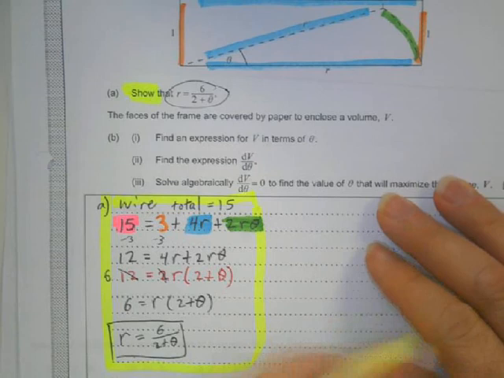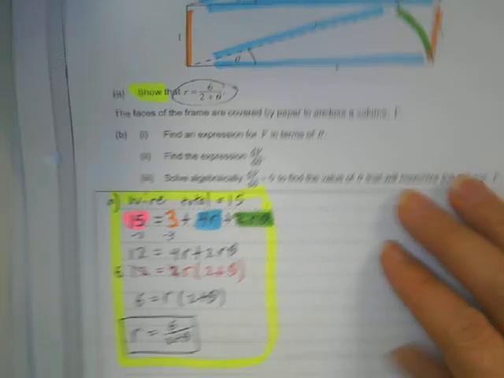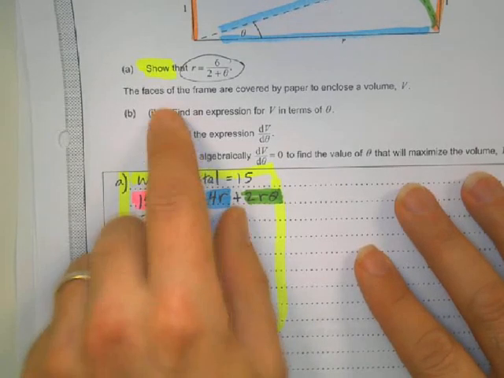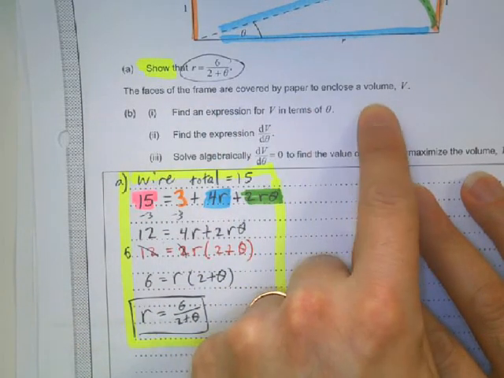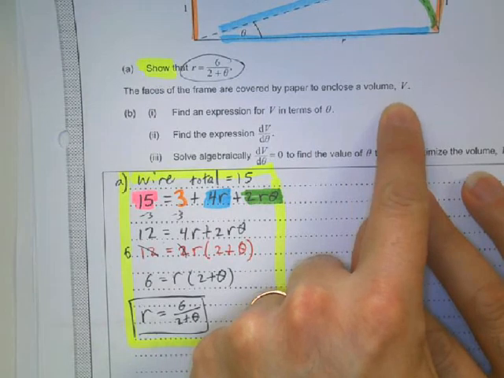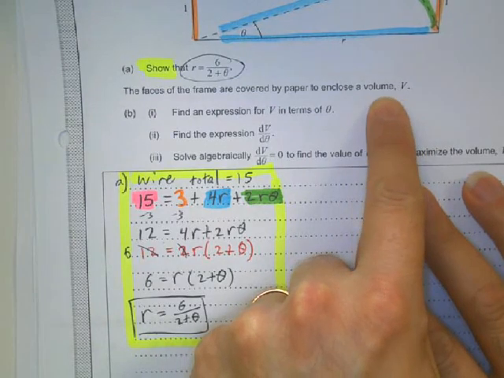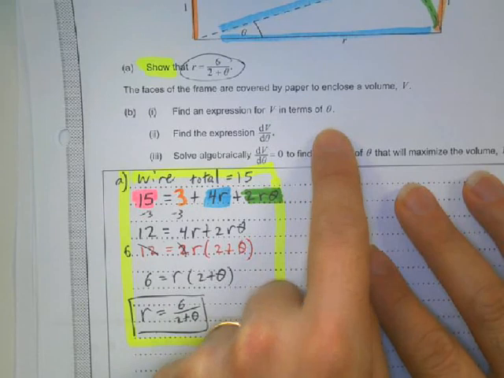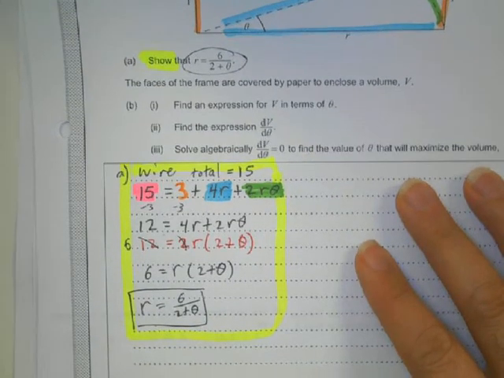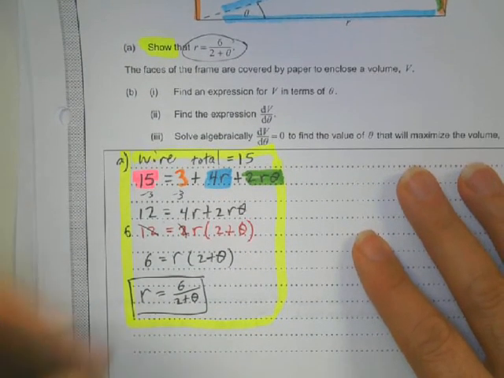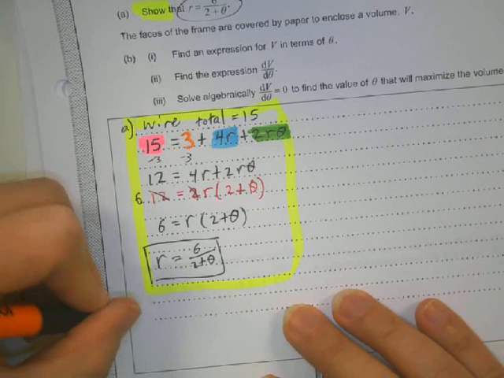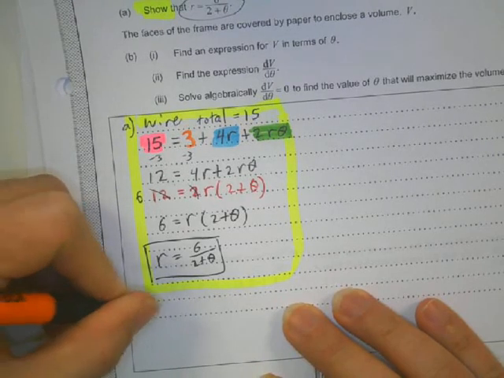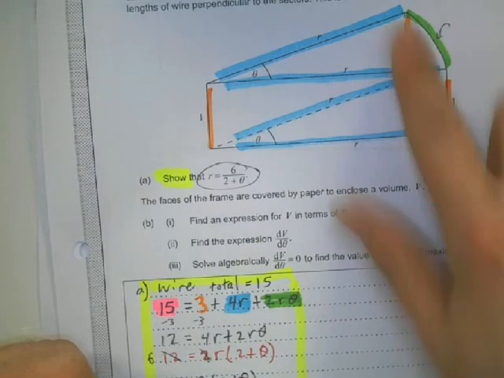Okay. Question B says, the faces of the frame are covered by paper to enclose the volume. Write an expression for V in terms of theta. So, in order to do this, we know volume is going to be equal to the area of the slice of pie.